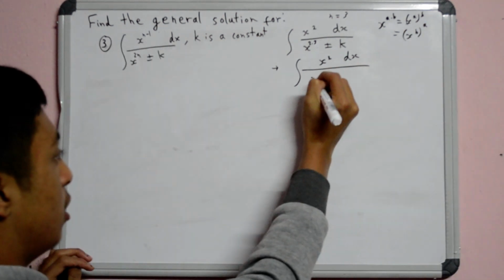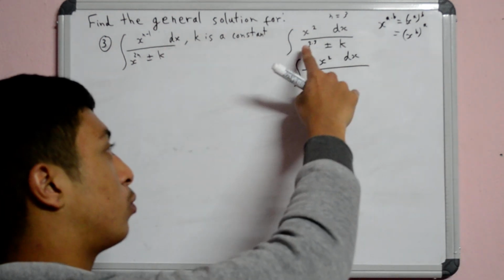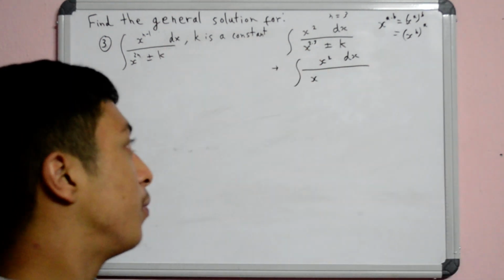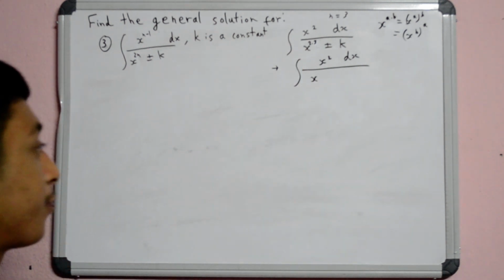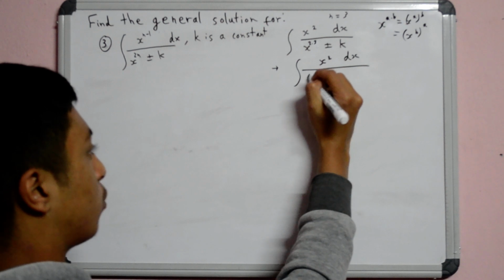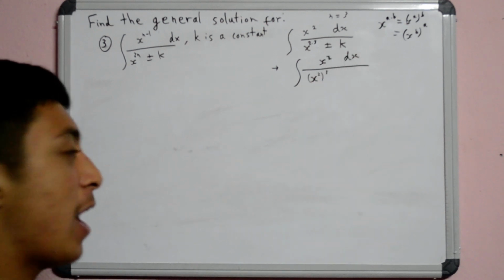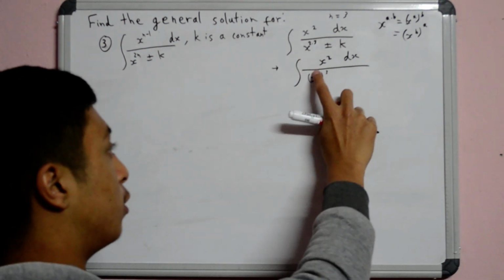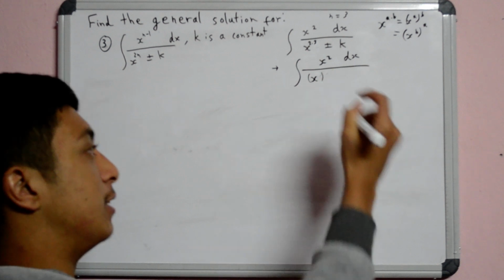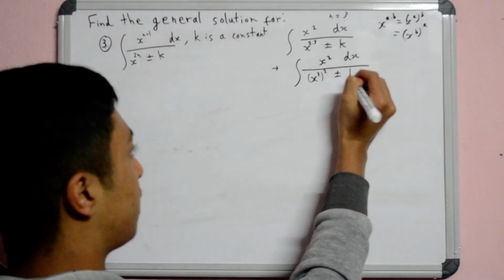So there are two ways to write this, either x squared to the whole power cube or x cubed to the whole square. Now, if you do x squared to the whole power cube, you can't really go anywhere from there, and it will be very troublesome to solve this integral right here. But if you do the opposite, it will be very easy. So, x cubed whole square plus minus k.